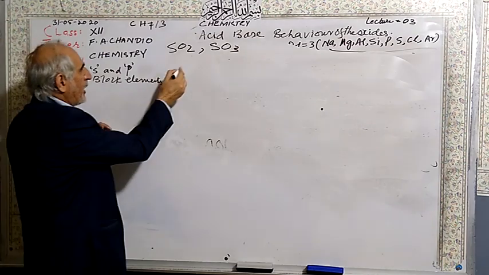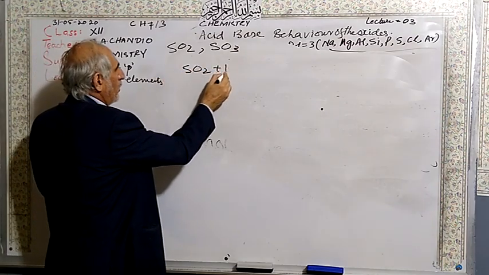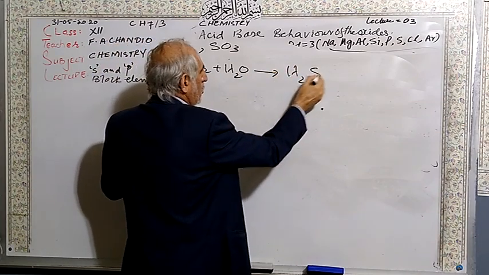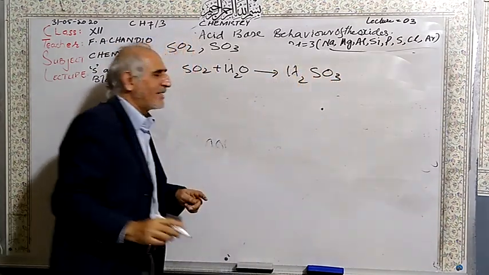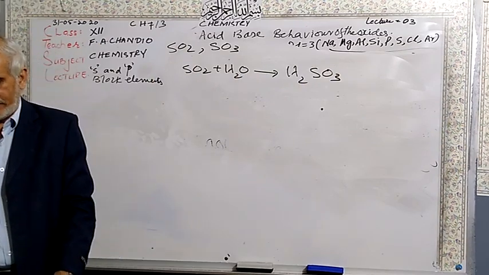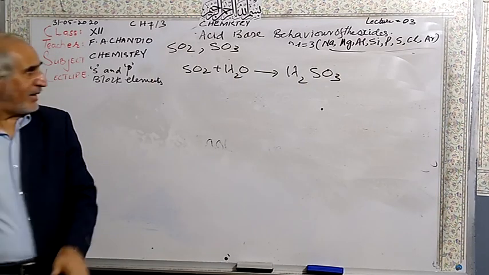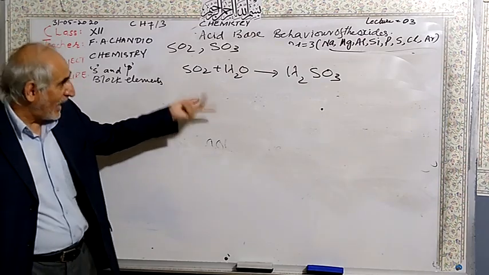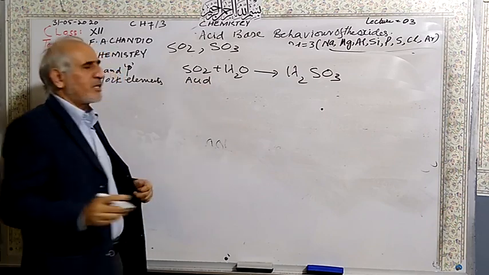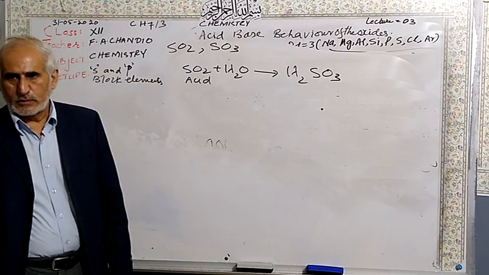So, sulfur dioxide plus water gives sulfurous acid. This is sulfurous acid, and this sulfurous acid is acidic. That is why sulfur dioxide is acidic in nature.